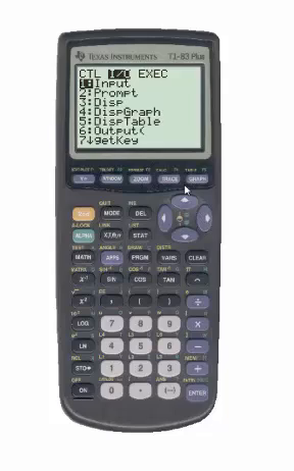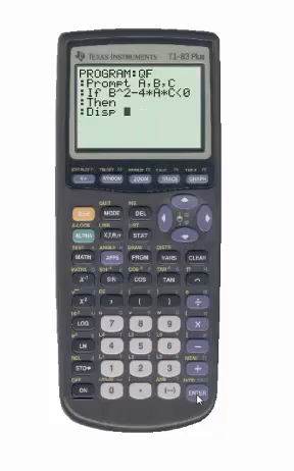Program. Scroll over to I/O and go down to disp, which means display. So if this is true, then what we're going to do is write something on the screen. So we'll go to alpha, quotations, and then I'm just going to type something in.